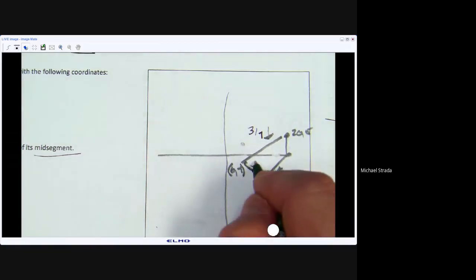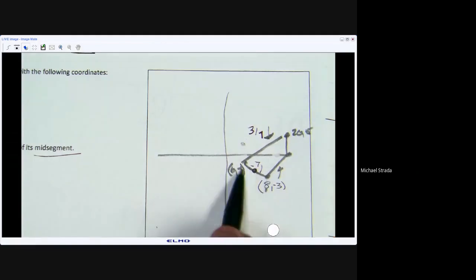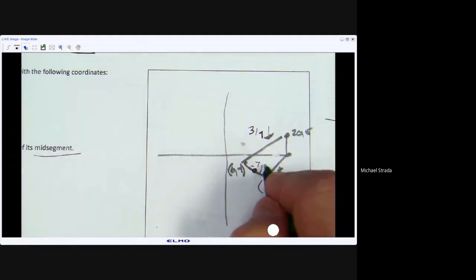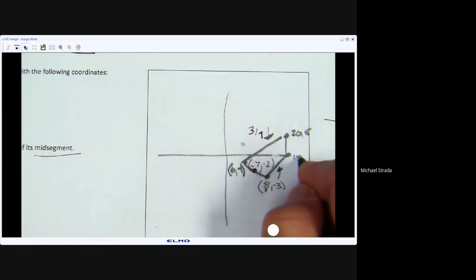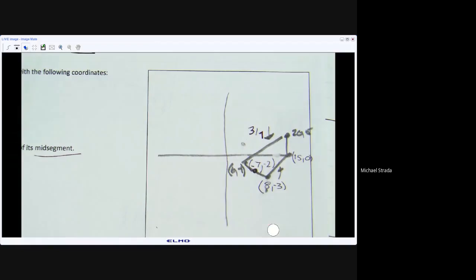Half of 14 is 7. -1 plus -3 is -4. Half of that is -2. I picked that one because, you can pick either one, but this one, when I add those numbers, I'm going to get odd numbers. And when I add odd numbers and divide by 2, I get a decimal. So to me, it's just easier to work with integers.